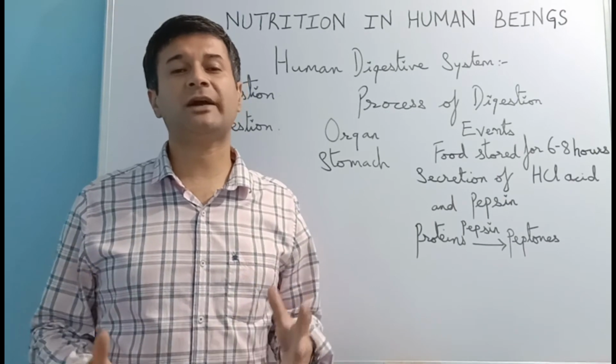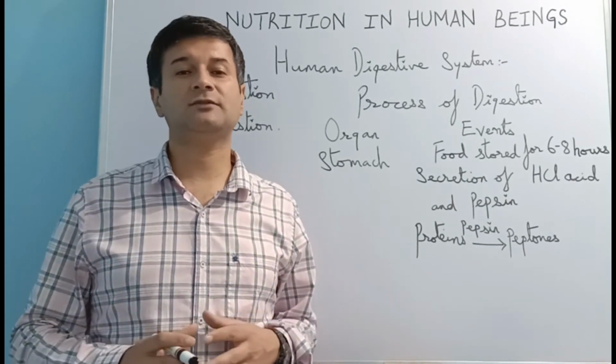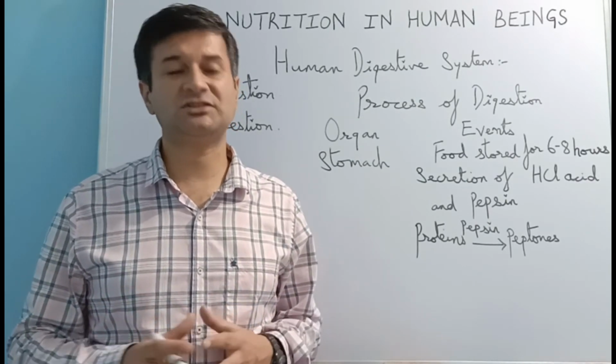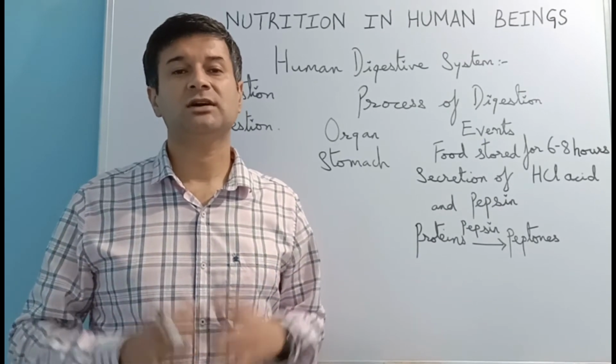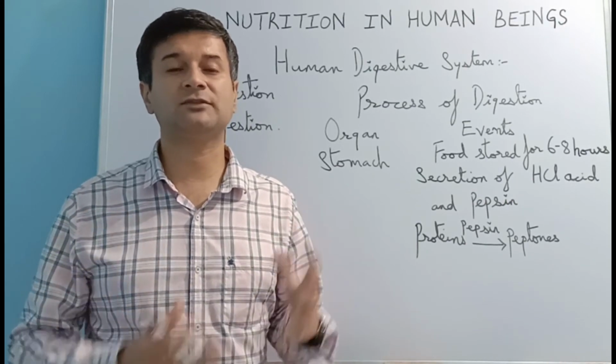Mucus is secreted by the inner walls of the stomach that protects the inner lining of the stomach from the action of acid under normal conditions. Muscles present on the walls of the stomach undergo rhythmic contraction and relaxation and help in churning of the food.